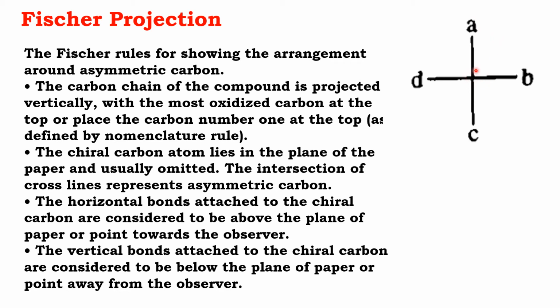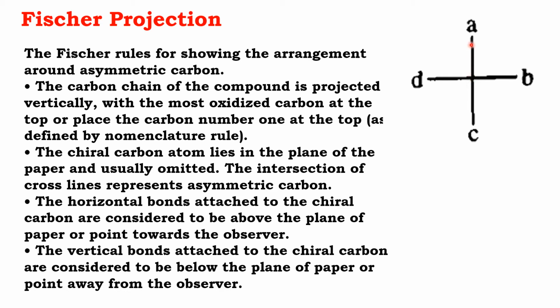Now, the chiral carbon atom lies in the plane of the paper, and we will not represent the carbon atom here. We know a chiral carbon atom should be there for any molecule to show stereochemistry. So the chiral carbon atom will be there, but we will not show it as such.